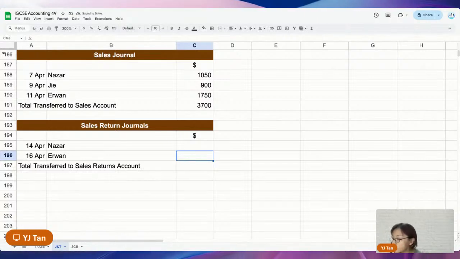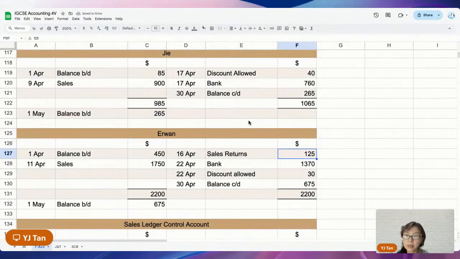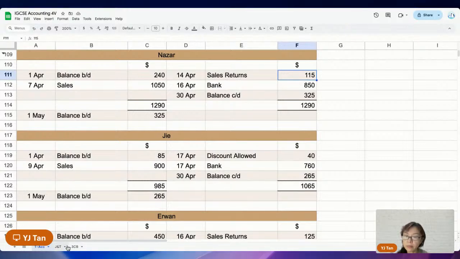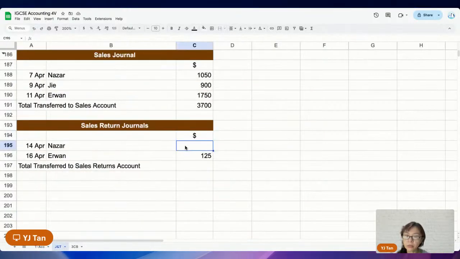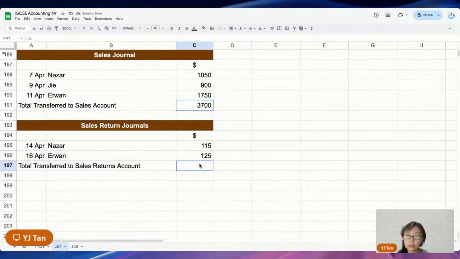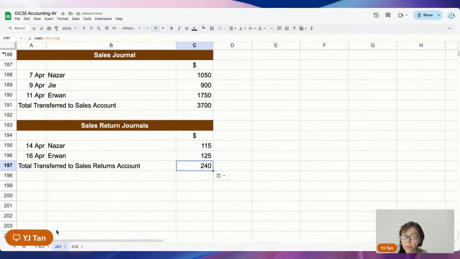How much was that? 125. And then how much for NASA? Sales return 115. So we put in 115, and we just total this up. So we will know that the total sales return is 240.